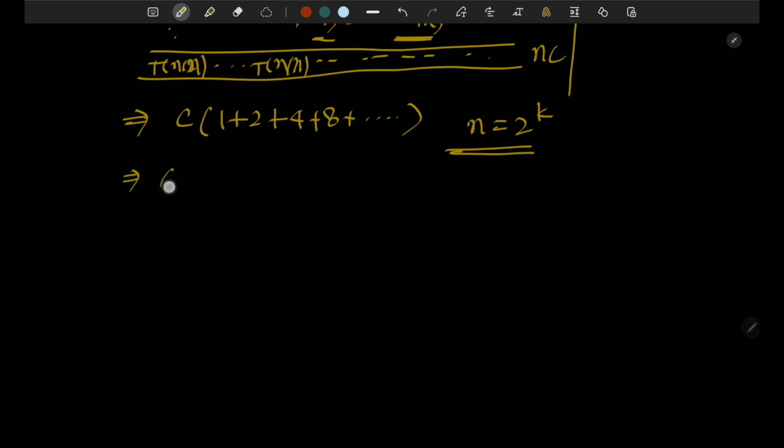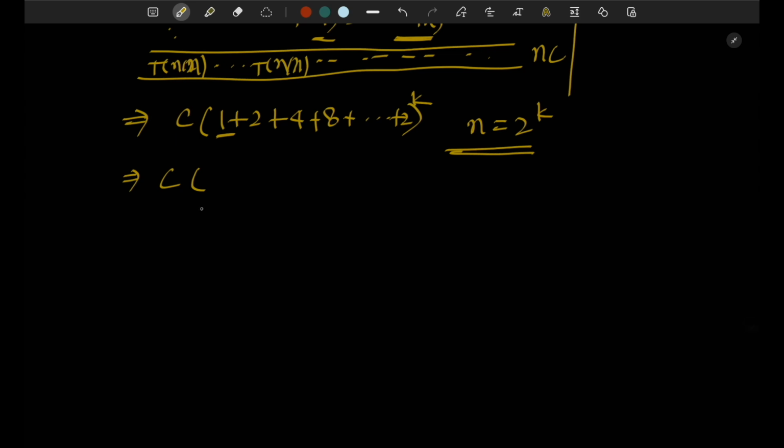But for now, what we could observe is this is a geometric progression wherein the initial value is 1 and the final thing is 2 to the power k. And since we have the final thing as 2 to the power k, the total number of elements is k plus 1 and the common ratio is 2.